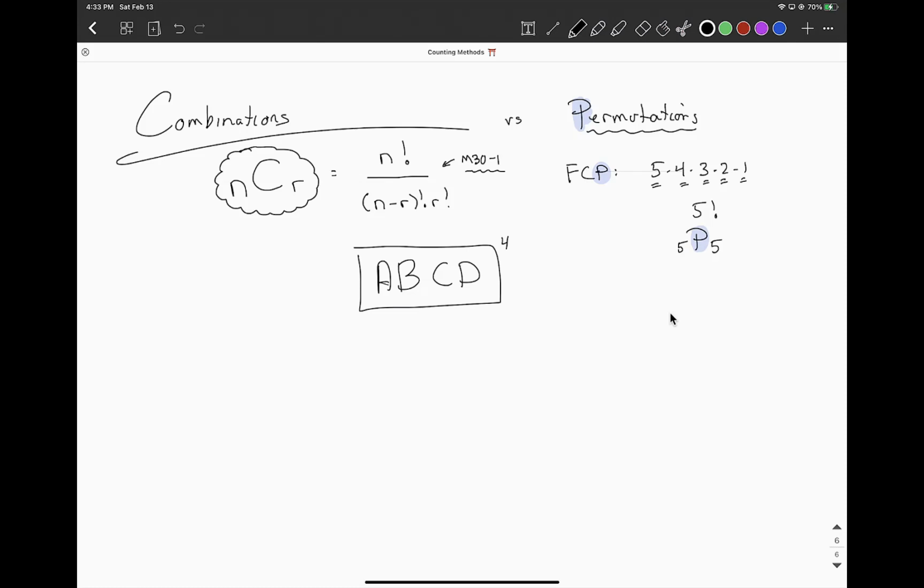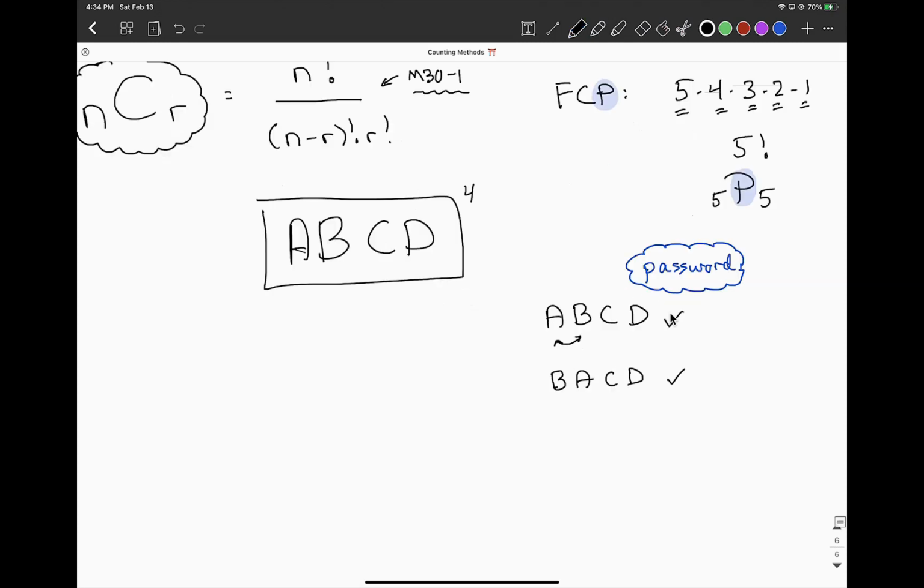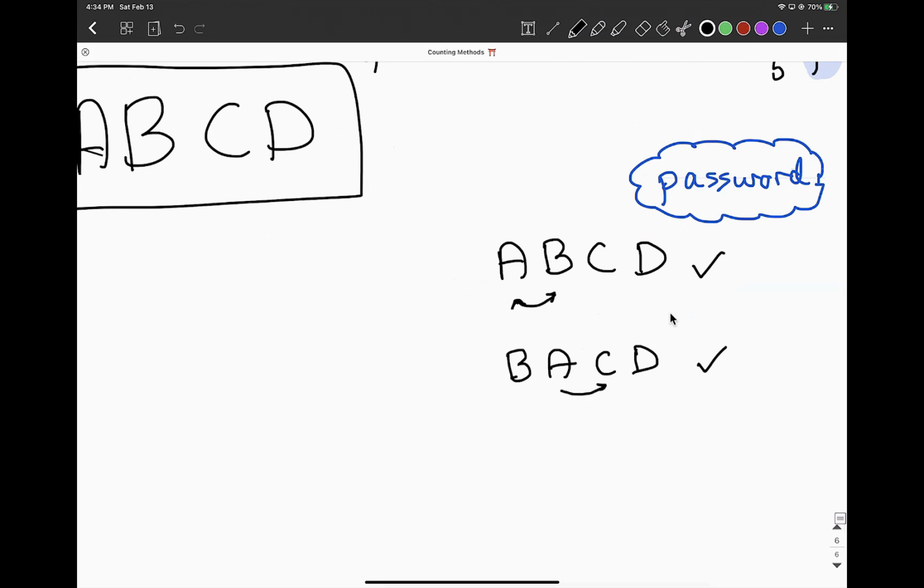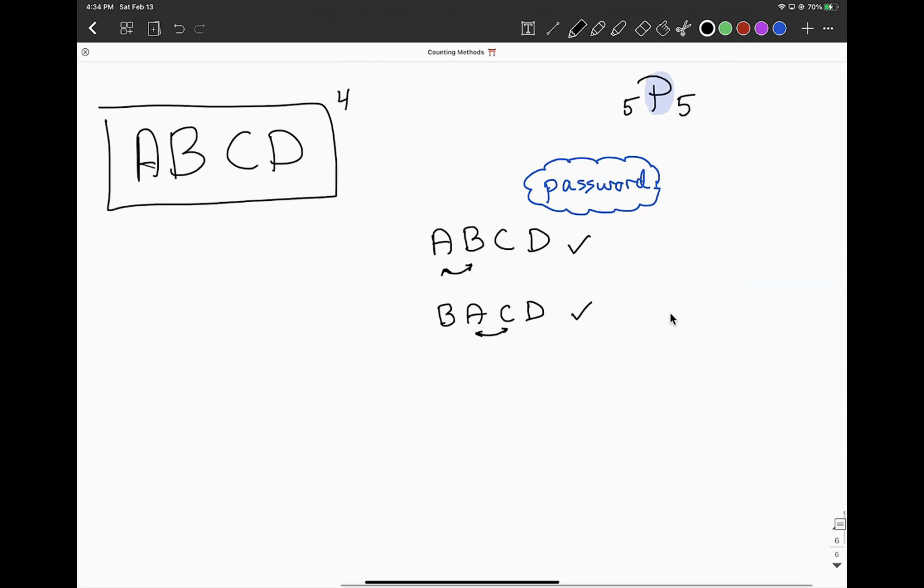Now, if I was to build a story where arranging these options created something new, like a password, and said, hey, let's build passwords out of those 4 letters, then it would make sense that anytime you switch stuff around, anytime you reorder it, anytime you rearrange it, it creates something that would actually be a totally different password.